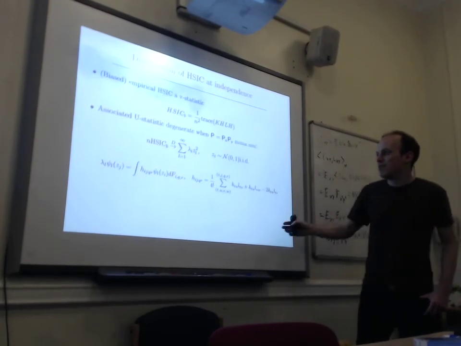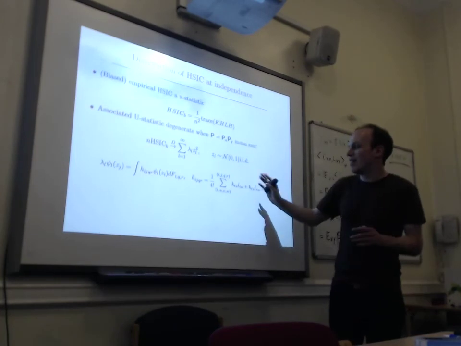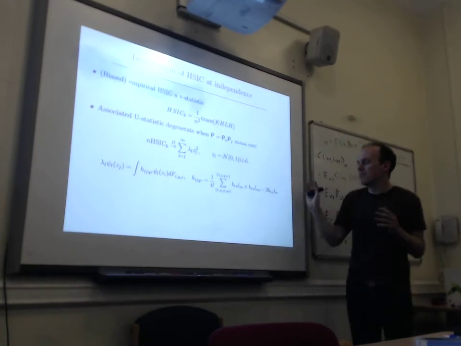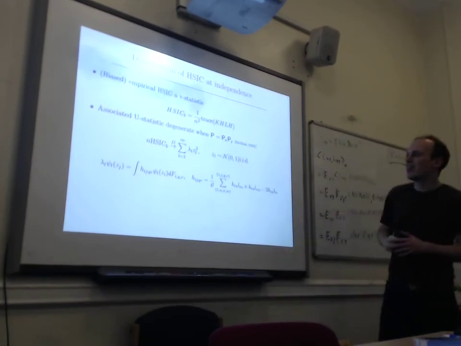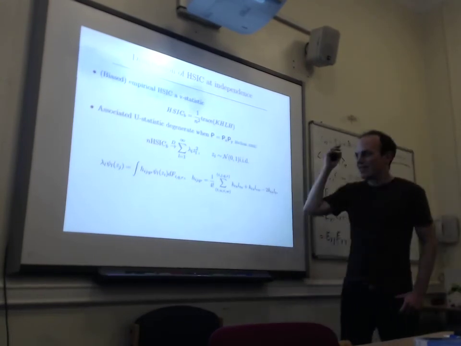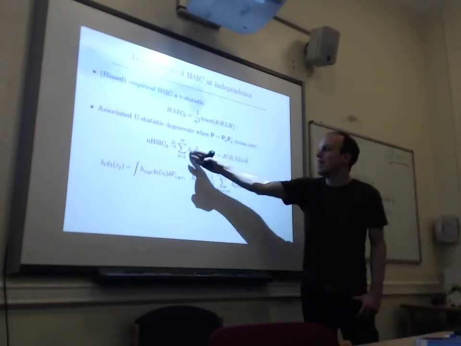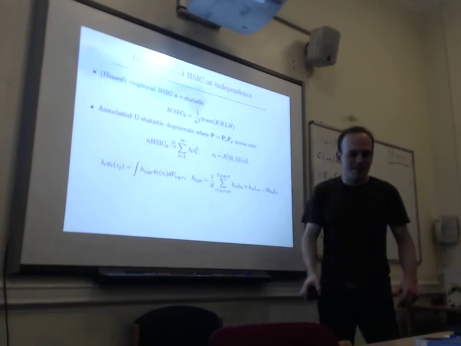You have to take an integral over quadruples of xy pairs, and it's really horrible. So again, just as in the maximum mean discrepancy, there is no easy way to find the distribution of the statistic.